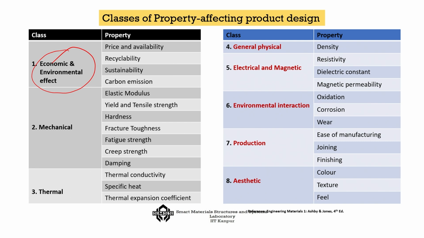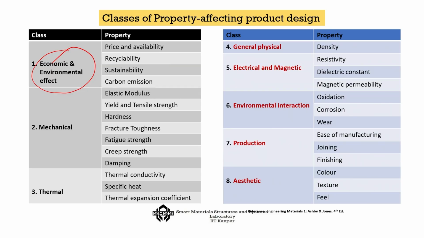While choosing a particular material, that must be one of the very crucial factors in today's design, because everything we do has to be in the domain of sustainability. Now, in that direction, what are the properties we have to look into, like price and availability of the material.